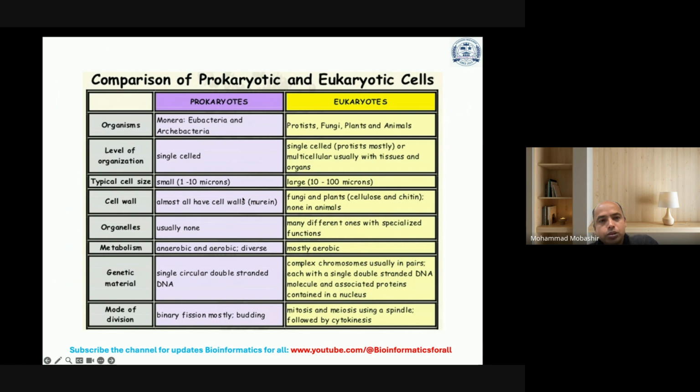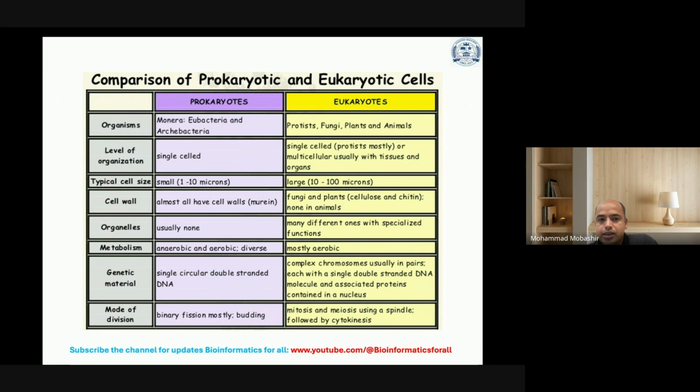Cell wall is present in prokaryotes. Almost all have cell walls. And in eukaryotes, fungi and plants have it, but the cell wall is not present in animals. Organelles, here usually no organelles. Then in eukaryotes, as I have mentioned, there are well-defined, well-known functional organelles. Metabolic activities, anaerobic and aerobic. And in eukaryotes, it is mostly aerobic metabolism.